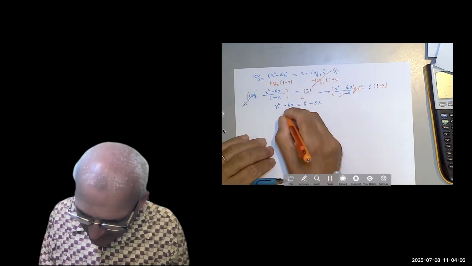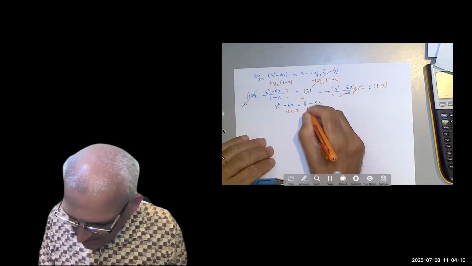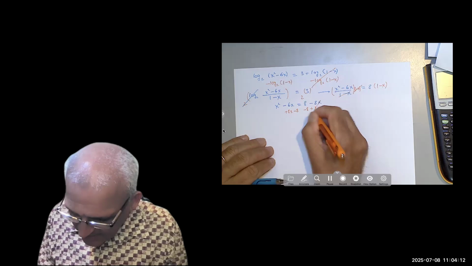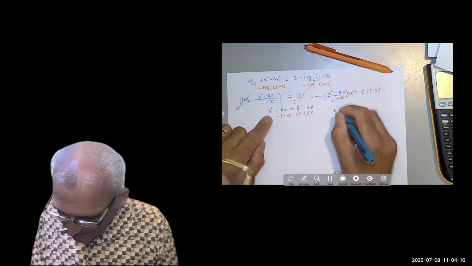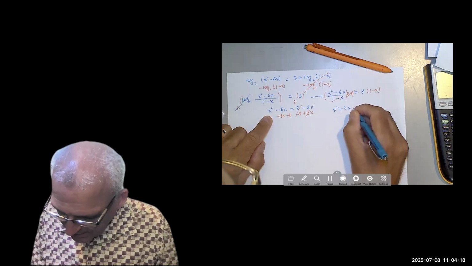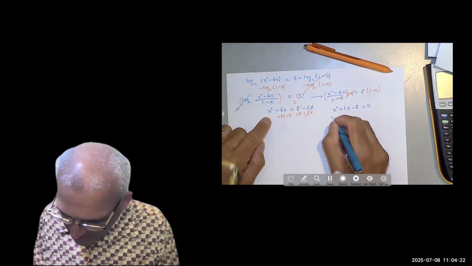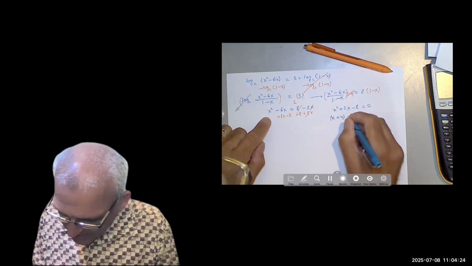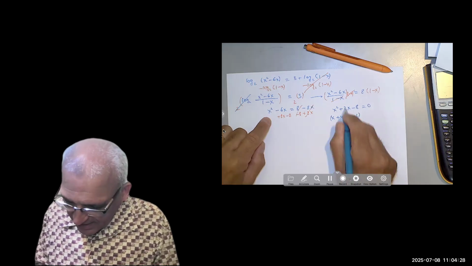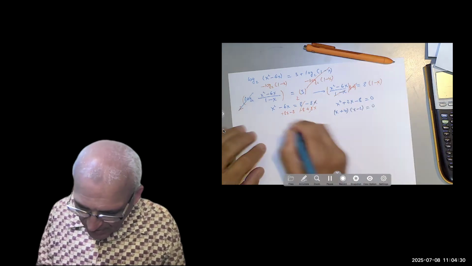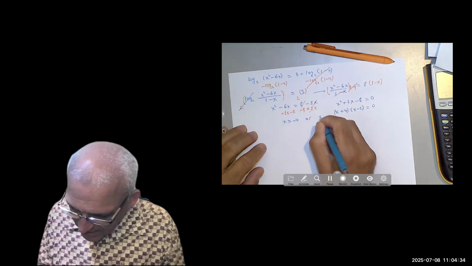Then you add 8x minus 8 to both sides, and you get a quadratic equation, x squared plus 2x minus 8 equals 0. That factors as x plus 4 times x minus 2, since the numbers multiply to negative 8 and add to positive 2. So you get x equals negative 4 or x equals 2.